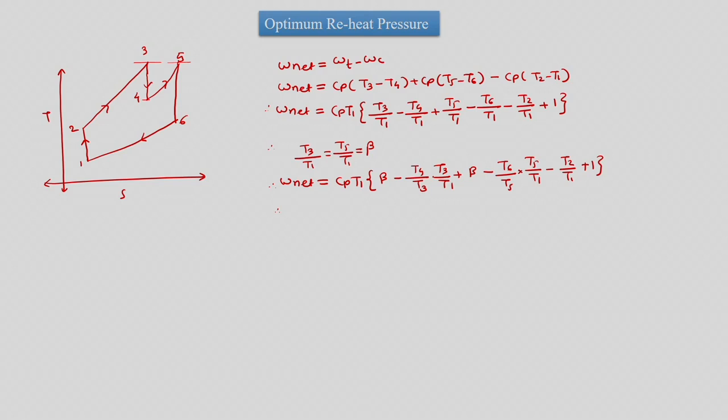So this can be further written as W net is equal to CpT1 times, as this beta and this beta we can add and say 2 beta, and then this 1 we can bring here, so 2 beta plus 1 minus, now T3 by T1 is beta and T4 by T3 is separate, minus T6 by T5 and T5 by T1 is again beta, minus T2 by T1.